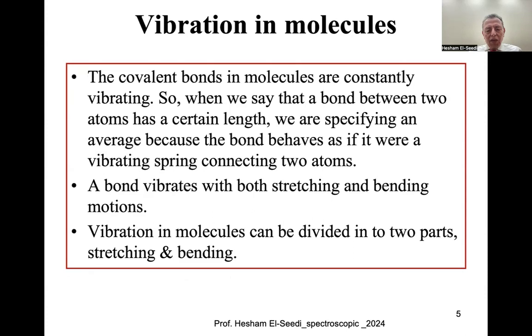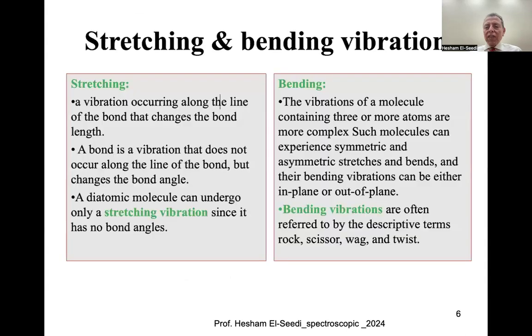Therefore, let us go to some examples, then we explain the theory. But just to know about stretching and bending, there are two types. What do stretching and bending mean? Stretching is the vibration occurring along the line of the bond that changes the bond length.